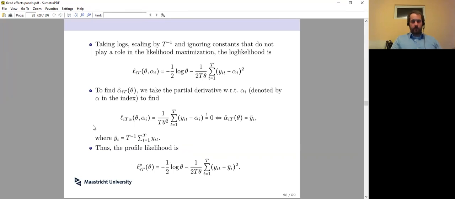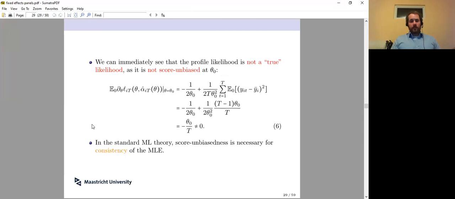Okay, now, is this good? Well, let's see. What do we know about proper likelihoods? For instance, we know that the genuine likelihood is score unbiased, meaning that if I take the derivative of the likelihood and I evaluate it at the true parameter value, then the expectation of that thing will be 0.